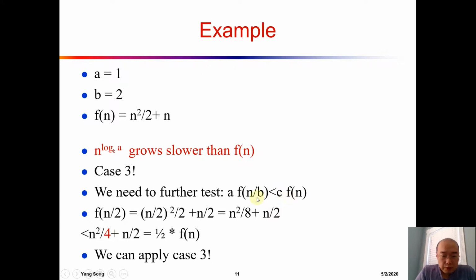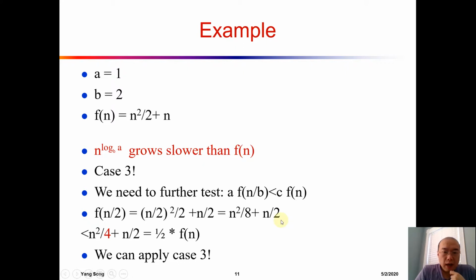We first want to try this part. a is 1, so we skip it, and b is 2, so n is divided by 2. So f(n/2) will be (n/2) squared divided by 2, plus n/2. That is n squared divided by 8 plus n divided by 2.